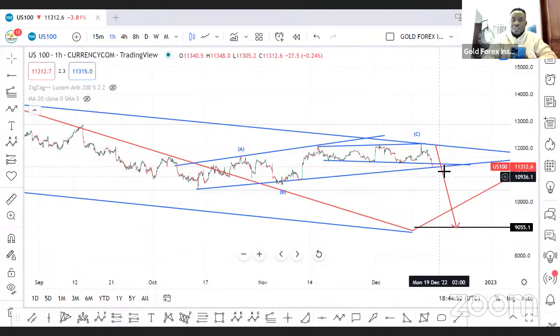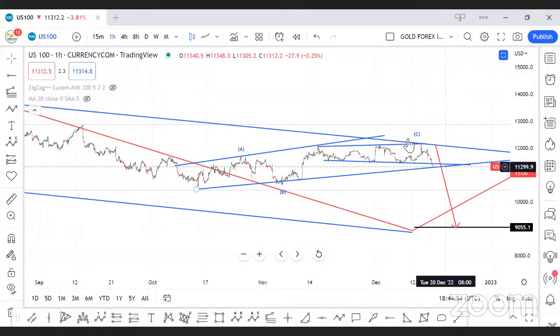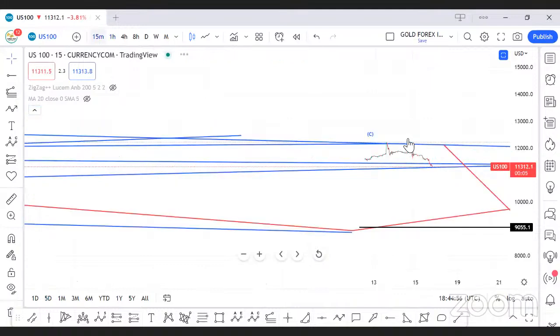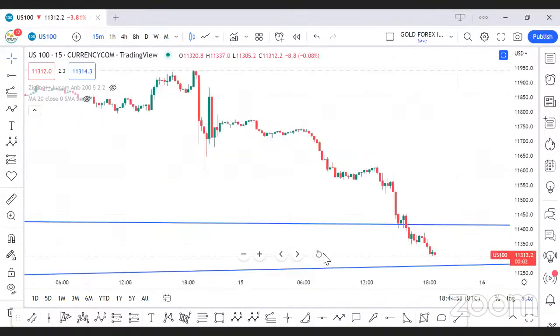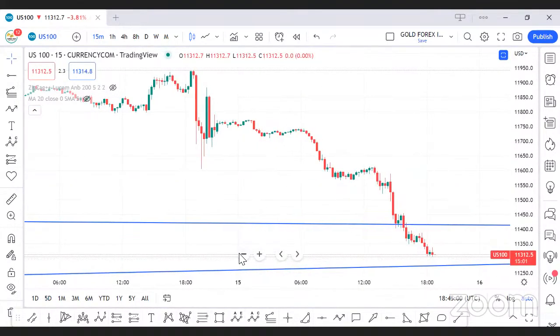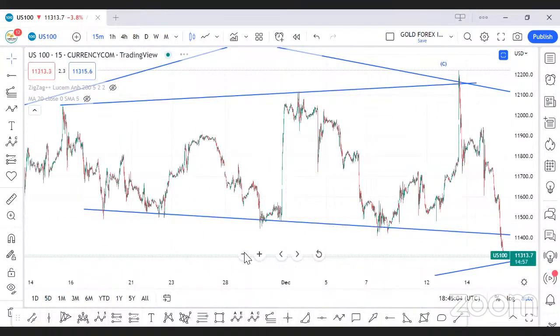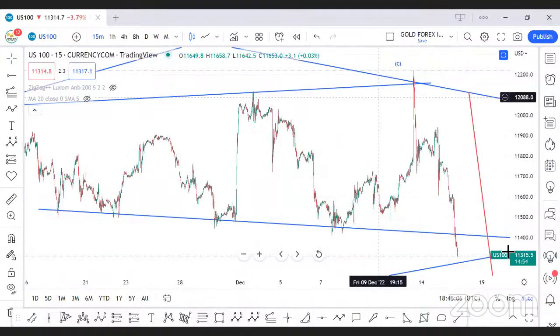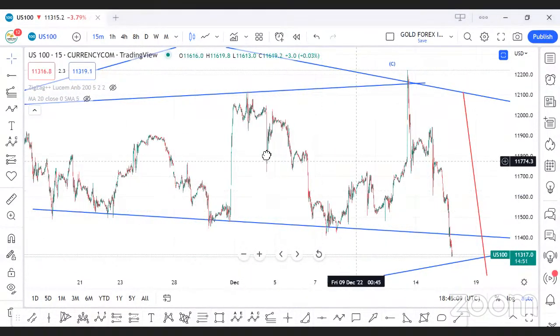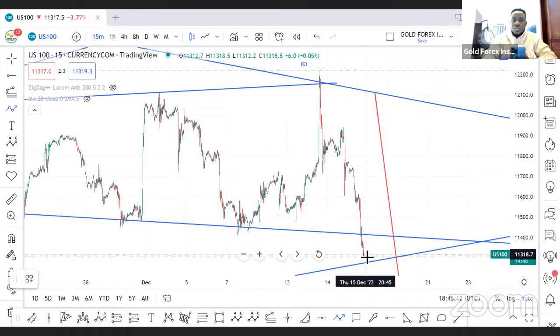Or maybe a flag, maybe on the 15 minutes. Because now the invalidation level is very big. And the good thing about a flag is it limits your stop loss. It gives you a very tight stop loss. So they are looking for something like this. Then drop.